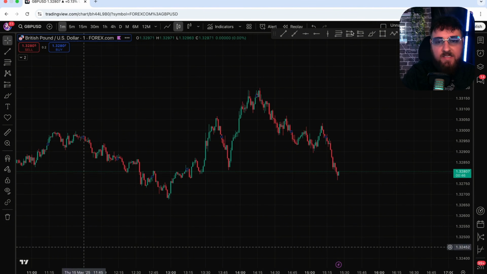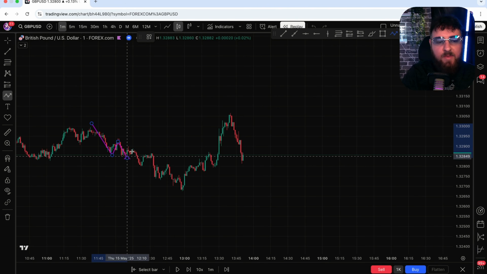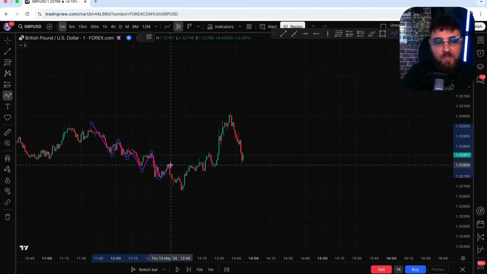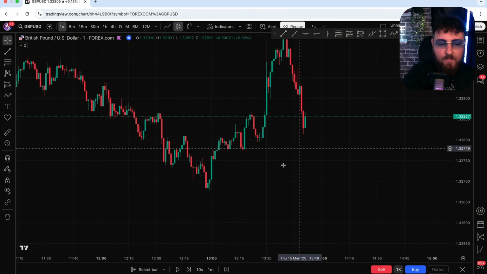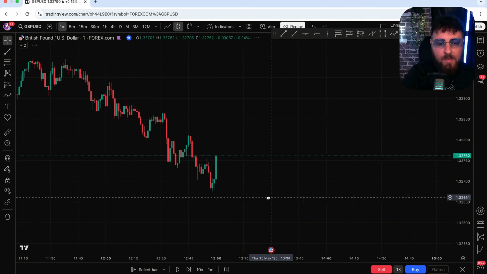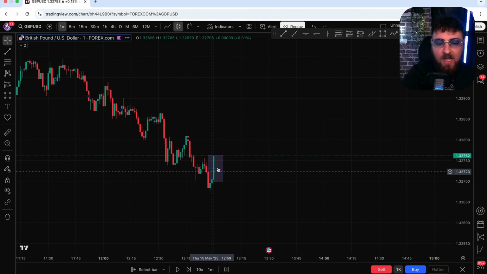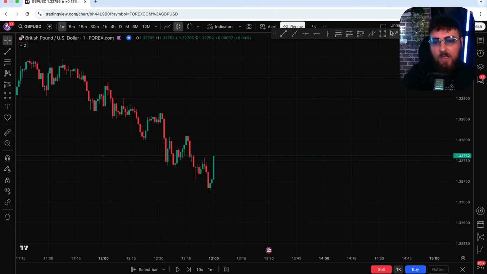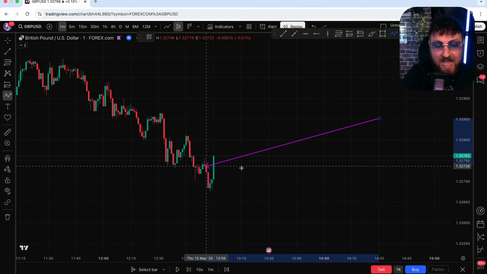All right, let's just take this as an example. Remember, let's just say we've been learning about structure and trends. We were in a downtrend, and then what happens? You get this big engulfing candle. Why is it engulfing? Because it's engulfing the two or three candles before it.